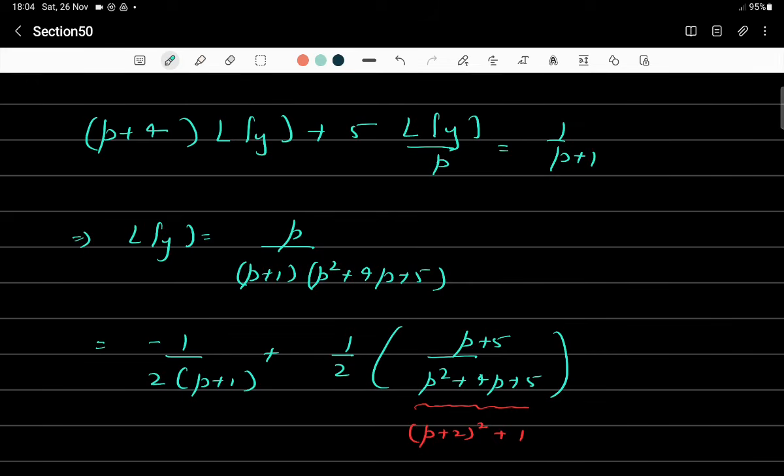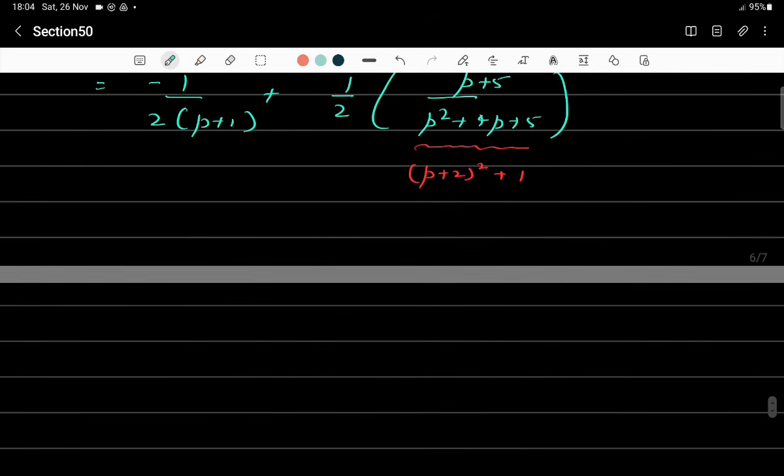First term is simple, minus 1 by 2, 1 by p plus 1. And next is (p plus 5) by (p square plus 4p plus 1). If you see the denominator, then it is (p plus 2) whole square plus 1. So p plus 2 is there. It means in the numerator also I need p plus 2. So I should write the numerator as p plus 2 plus 3.